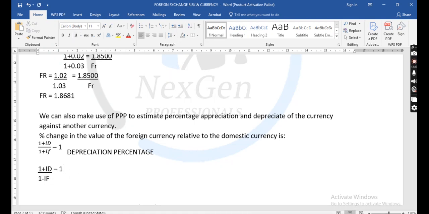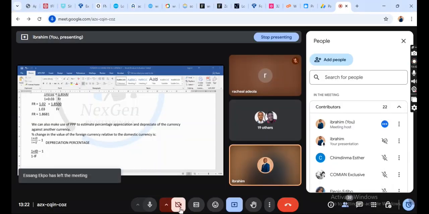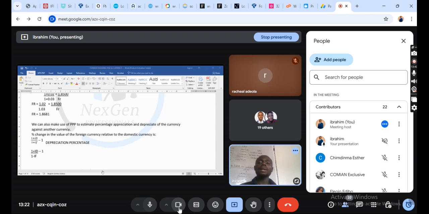Now, this is usually in theory. Research work shows that, when I was doing my research, I discovered that the percentage appreciation could be calculated as follows.